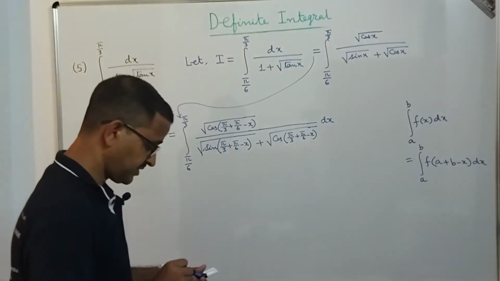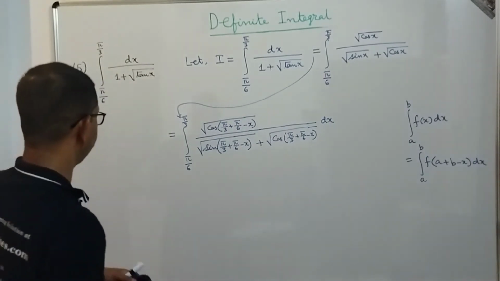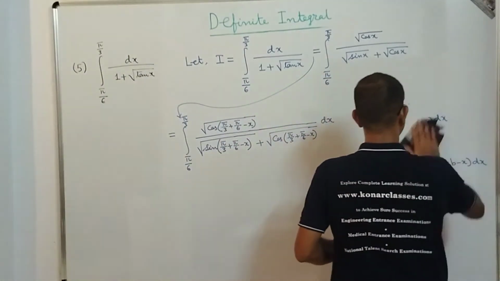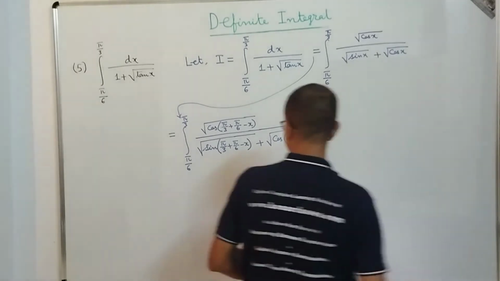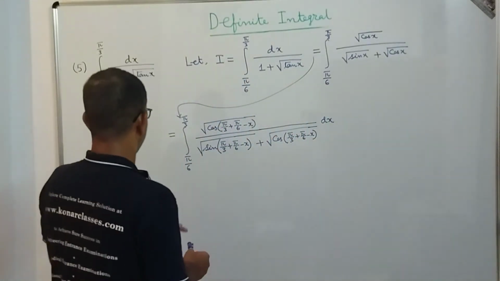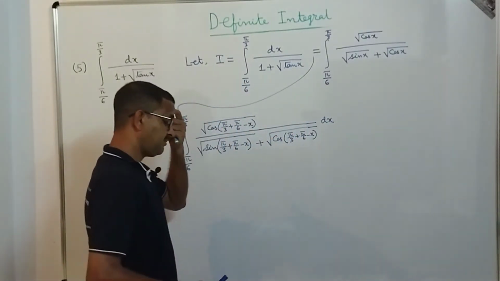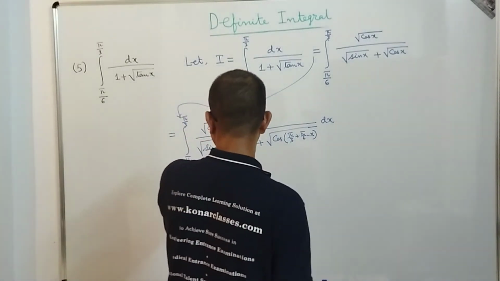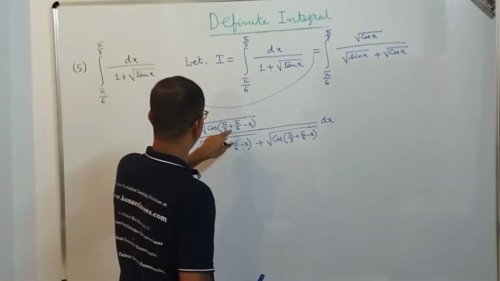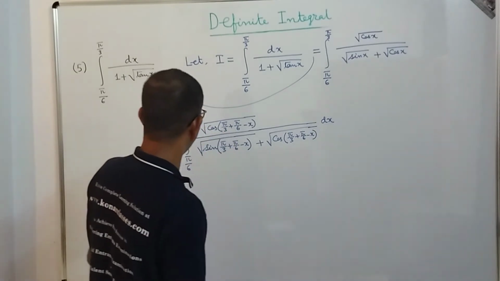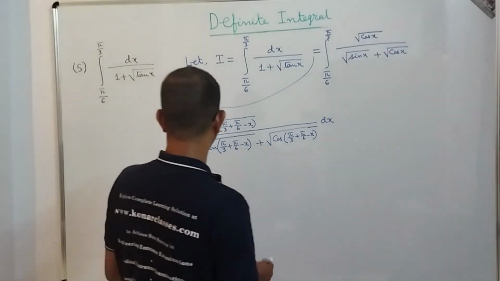That is equal to what, dear students? So what we get here? Cos of pi by 3 plus pi by 6 is pi by 2, right? So cos of (pi by 2 minus x) is equal to sin x.